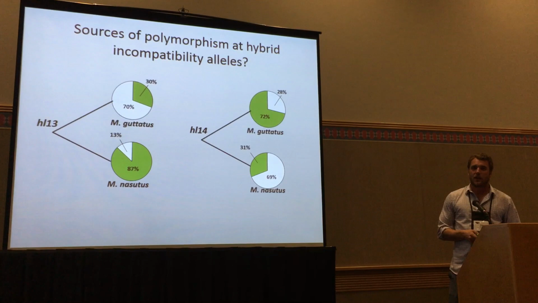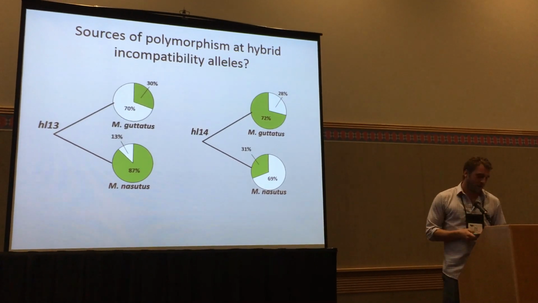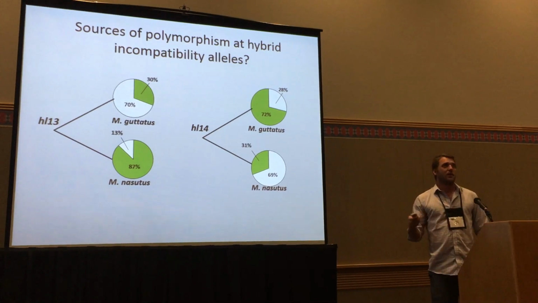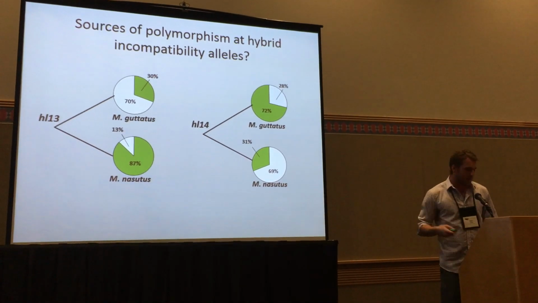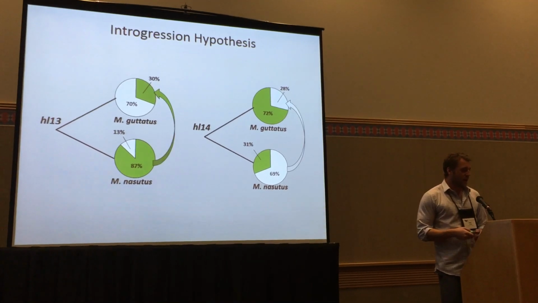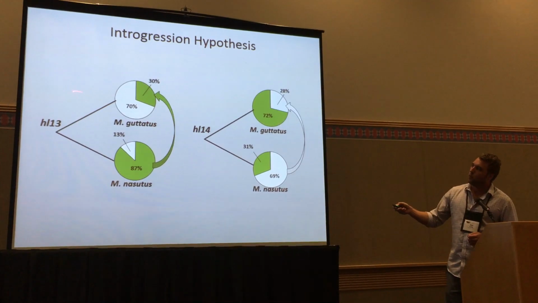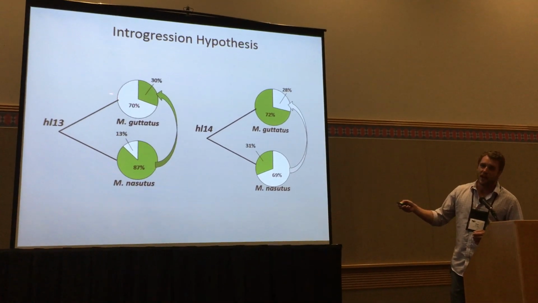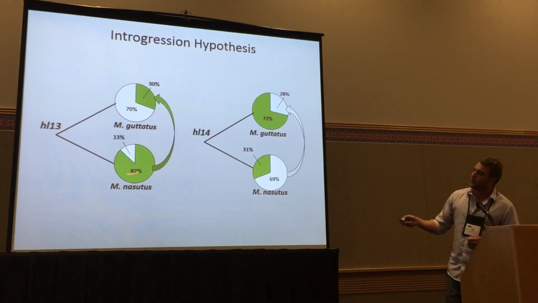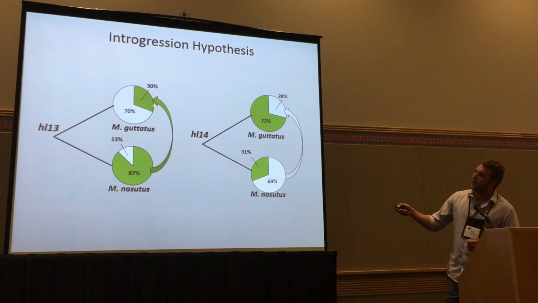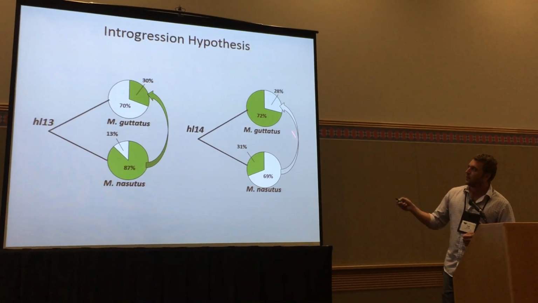What we're interested in is: what is the source of polymorphism at these incompatibility alleles? There are a couple of non-mutually exclusive hypotheses that I'm starting to get at with my data. One is introgression. You could imagine that the incompatible allele here is ancestral, and there's unidirectional gene flow from nasutus to guttatus, so maybe these good alleles are just introgressing in this direction, and perhaps here too.